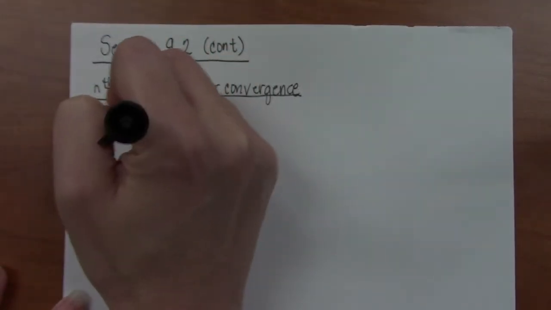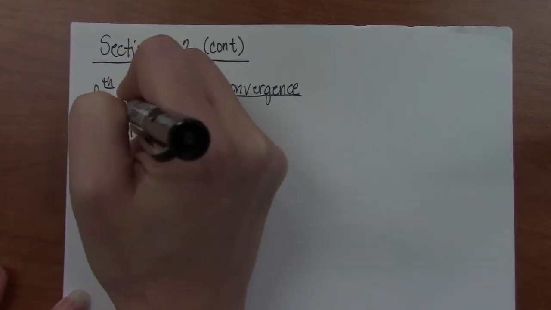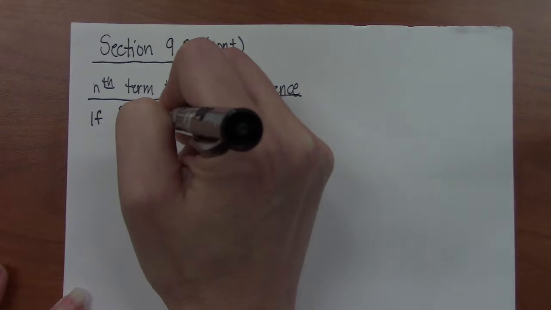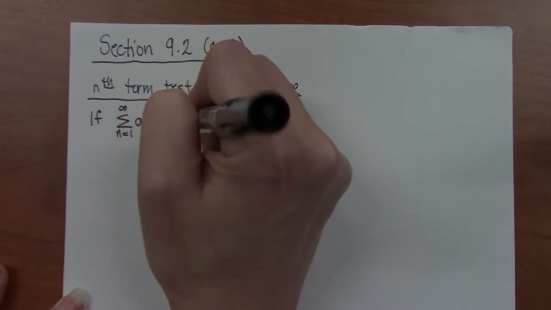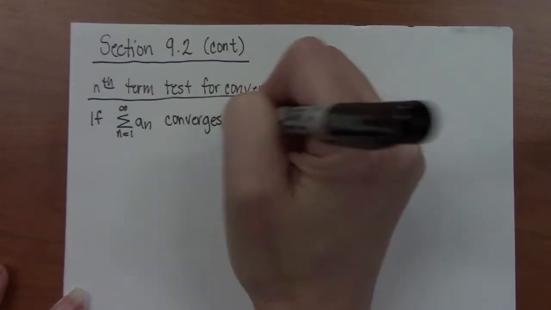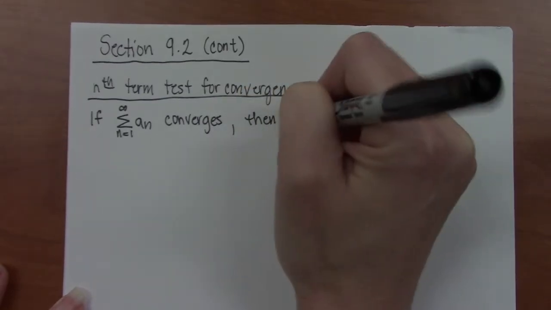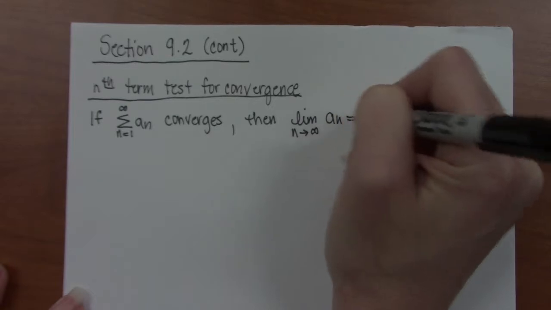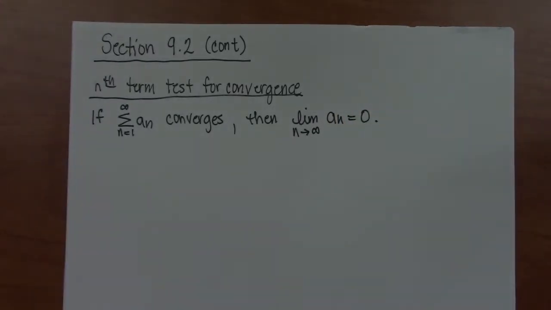So this is not a small idea, but it's very simple, which is why I like it. So if a series converges, then its infinite limit has to be 0. So remember, that doesn't go the other way.